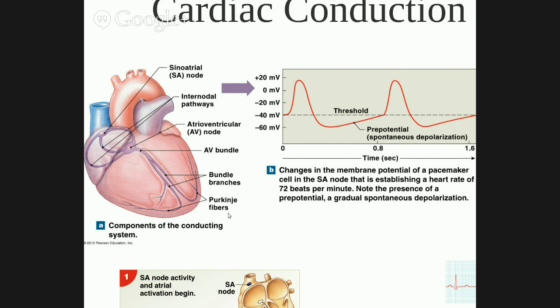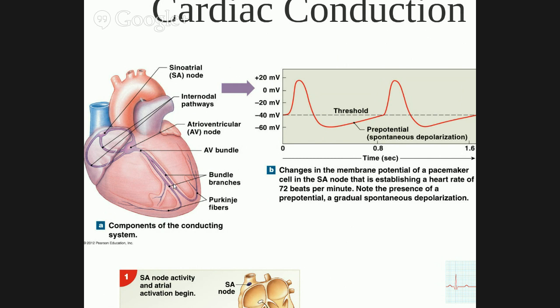I've seen some sources call those conducting fibers, which is not a great name for them because everything in the conduction pathway here are conducting fibers. These are really the ones that go from the conduction system and connect to the muscle fibers of the ventricle.